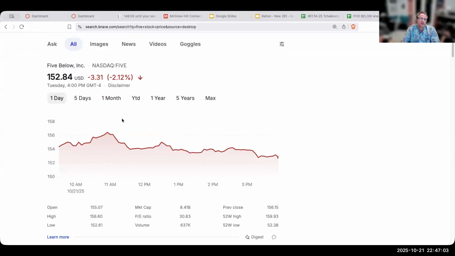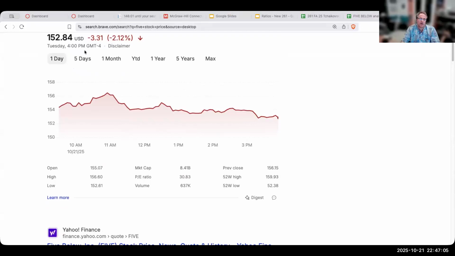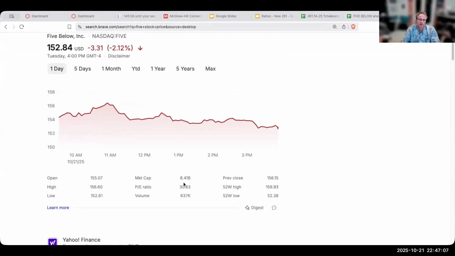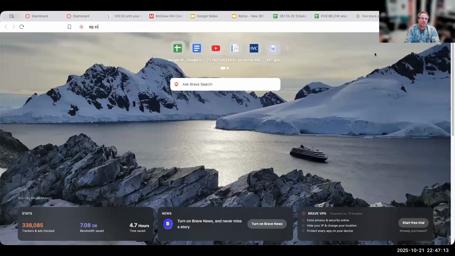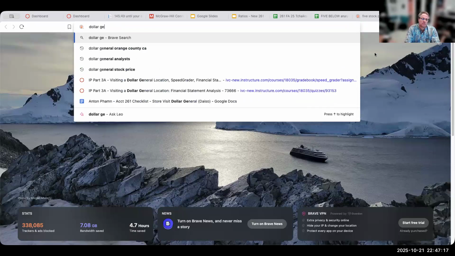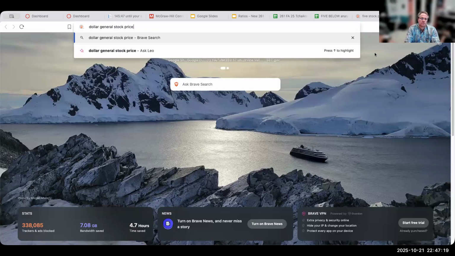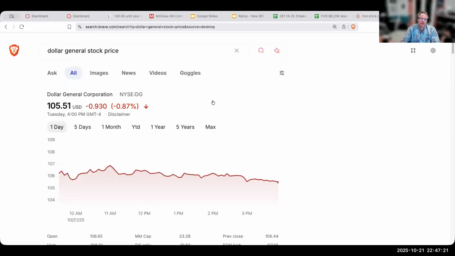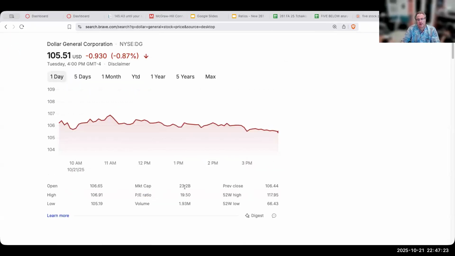The market capitalization of Five Below is roughly about $8 billion. The market capitalization for Dollar General is about 23 billion.